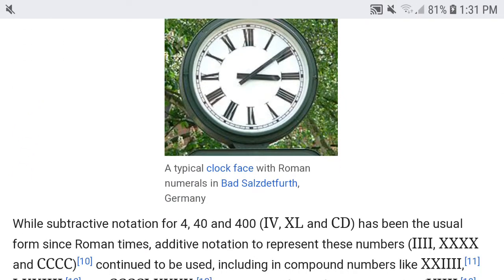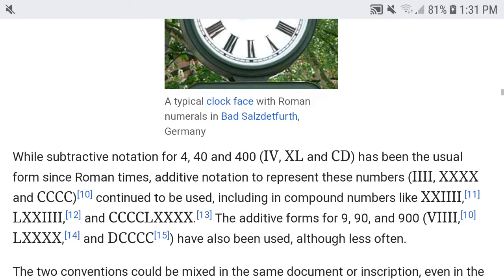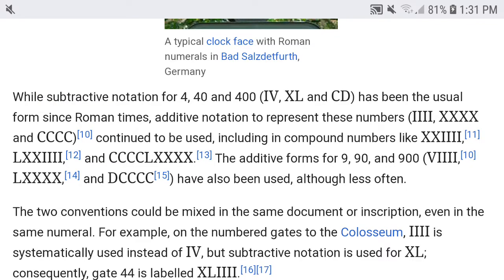Additive notation: while subtractive notation for 4, 40, and 400 has been the usual form since Roman times, additive notation to represent these numbers, IIII for 4, XXXX for 40, CCCC for 400, continues to be used, including in compound numbers like 24 or XXIIII, and LXXIIII, which is 74, and then CCCCLXXXX, which is 490, oh no, 490. The additive forms for 990 and 900.